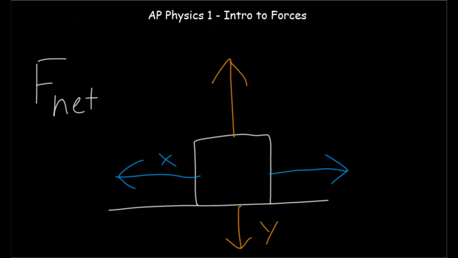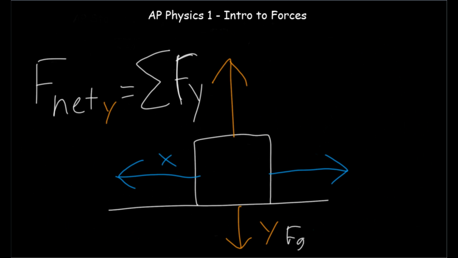Now, if you're doing, say, net force in the y direction, then it would be equal to the sum of the forces in the y direction. So that'll be the force of gravity right here, and the normal force right here.